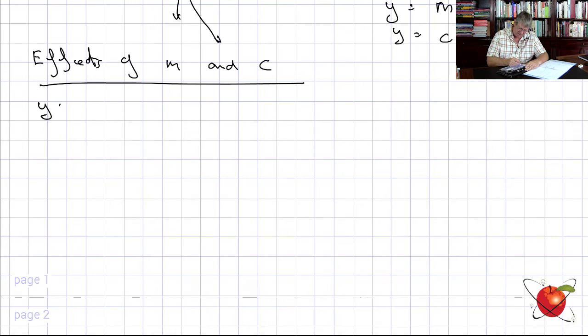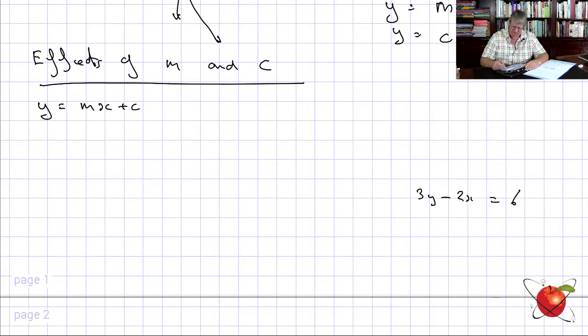So we've got a standard form of graph, y is equal to mx plus c, right? As an aside, if you got 3y minus 2x equal to 6, okay, what would we do? We would rearrange it because it must look like y equals mx plus c. So we would then take the 2x to the other side and we'd say 3y is equal to 2x plus 6.